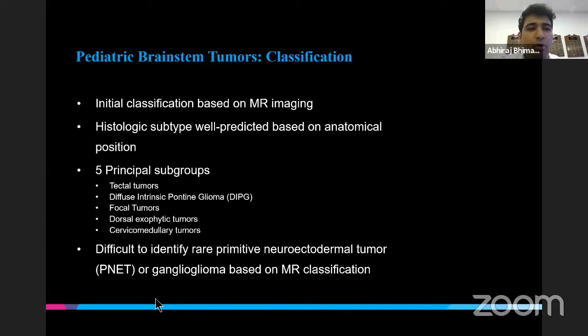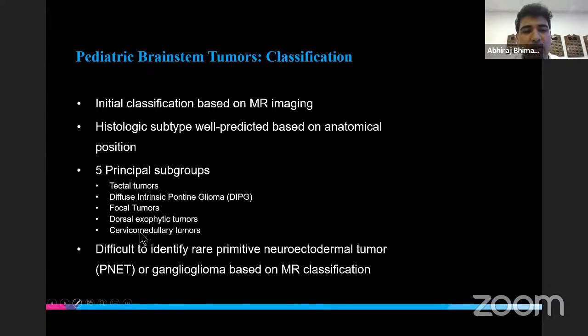The 5 main subgroups include tectal tumors, diffuse intrinsic pontine glioma, focal tumors, dorsal exophytic tumors, and cervicomedullary tumors, based on their location and the way they look on MRI.